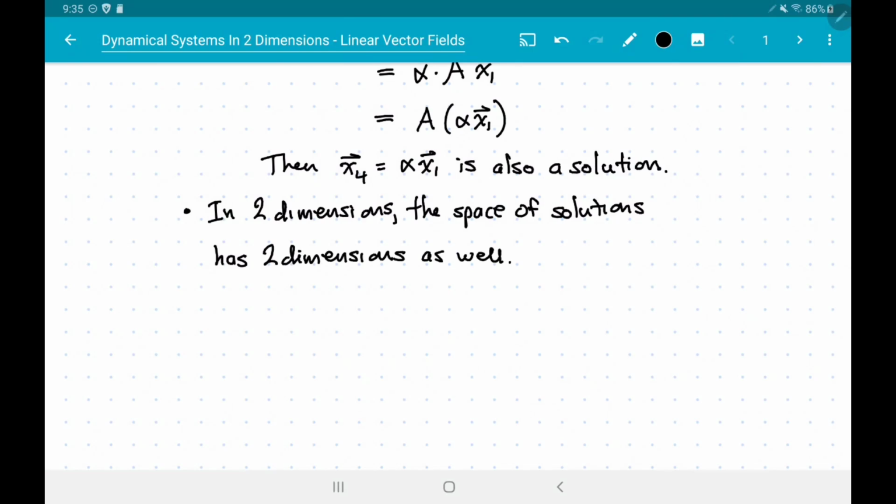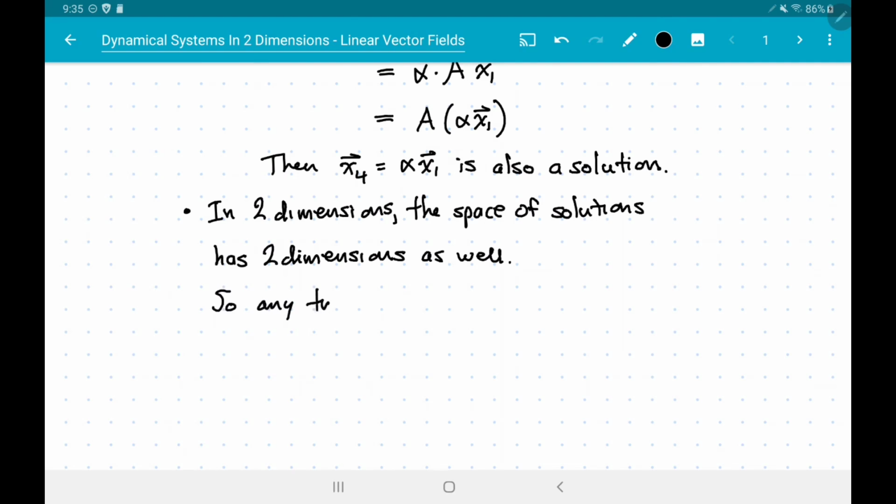Which means that if we can find any 2 linearly independent functions, x1 and x2, that satisfy the differential equation, all other solutions can be expressed as a linear combination of those solutions.